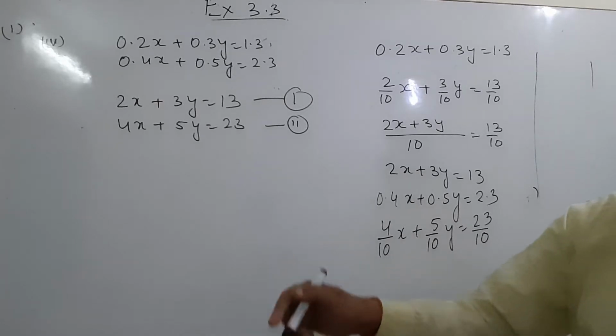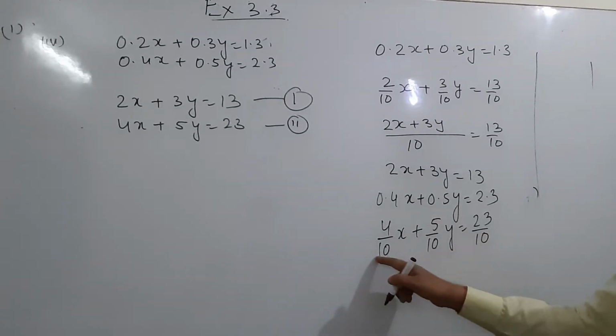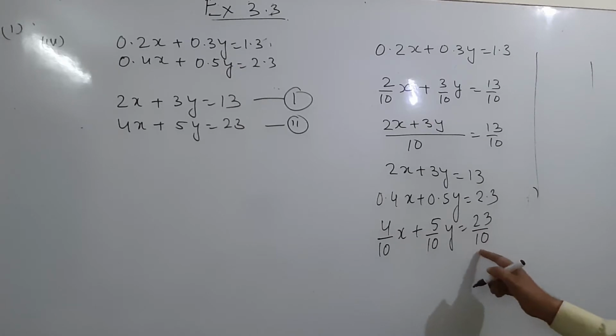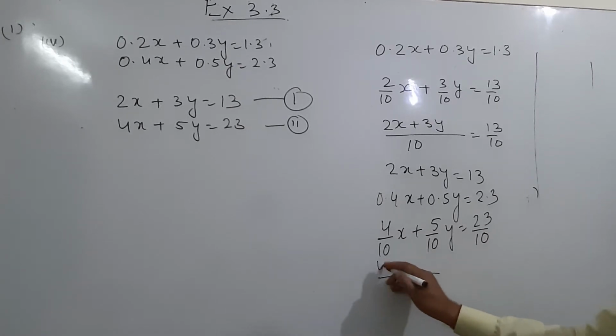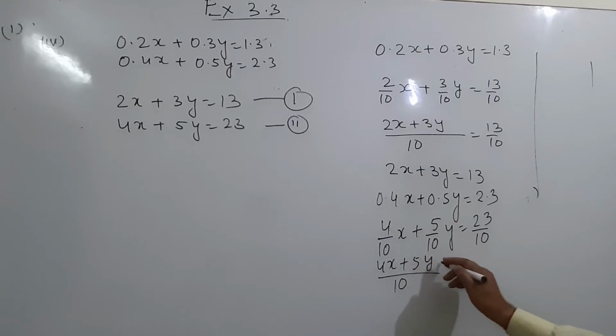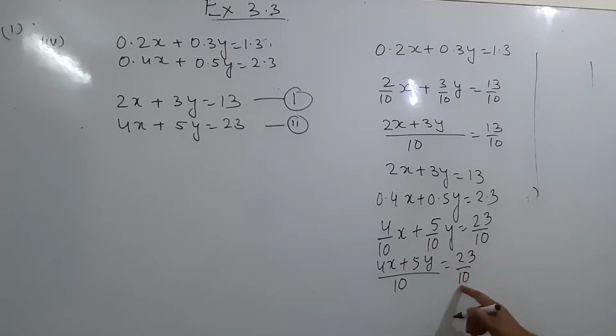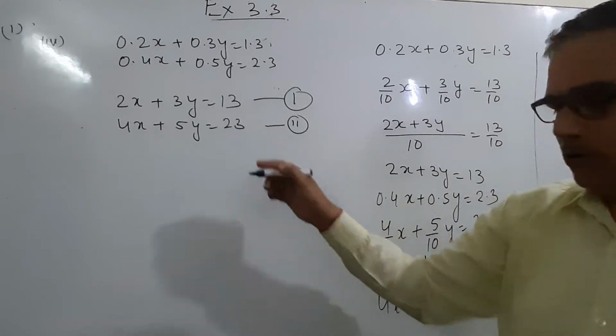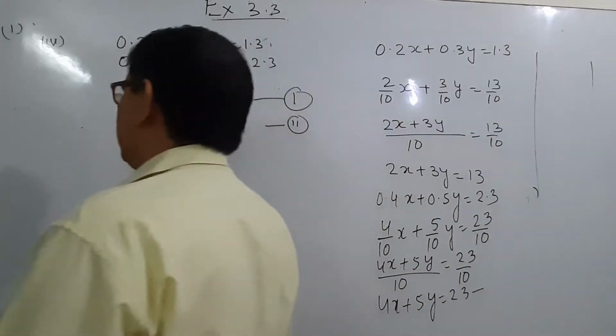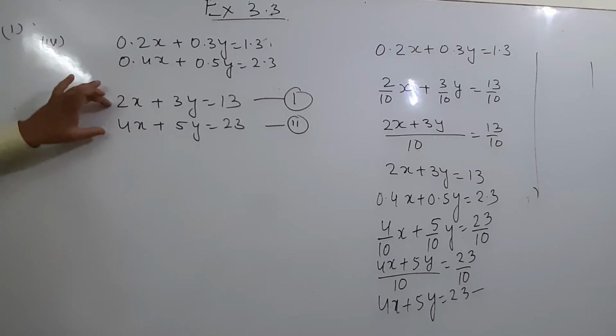On the left side the LCM is 10, on the right side the denominator is 10, so this 10 will be eliminated. Then the answer will be 4x plus 5y is equal to 23. Is it clear? But you can write directly, no problem. And again, now you find yourself. After that, I think you can do it.